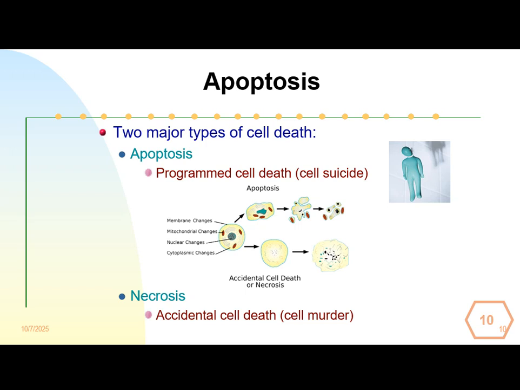So if the cell dies accidentally, the major phenotype of this cell is just like you drop a piece of glass. It's going to break into fragments right away. Everything inside the cell will be spilling out.